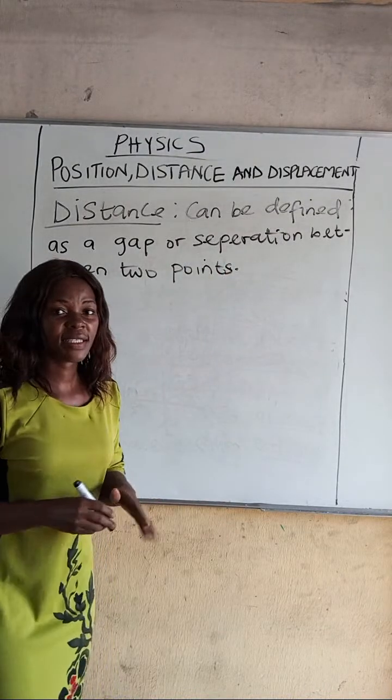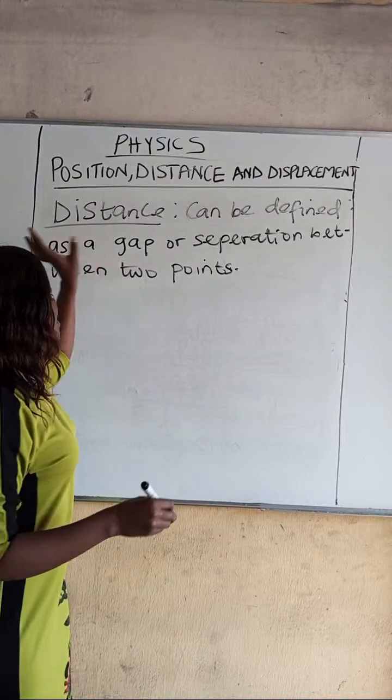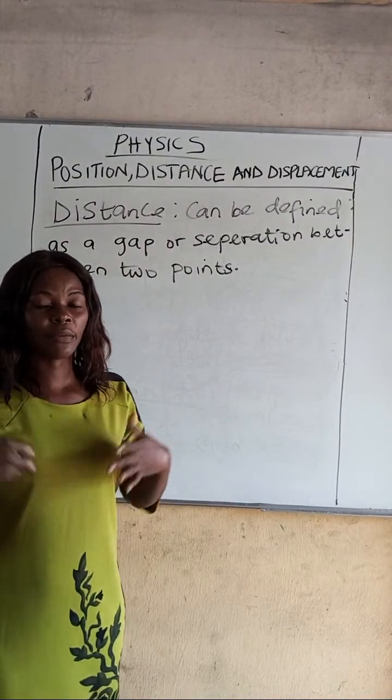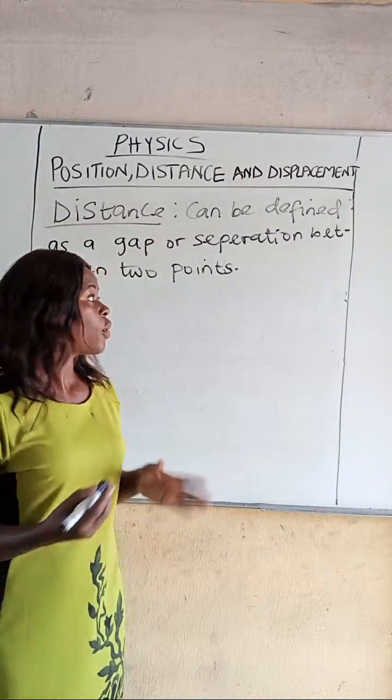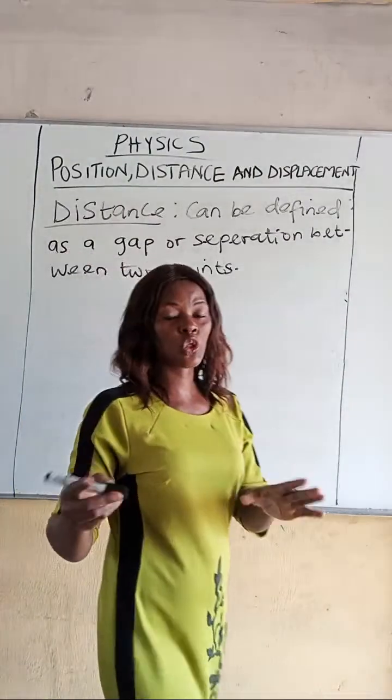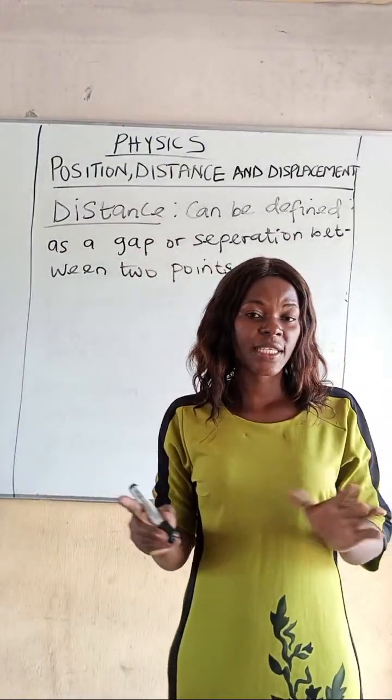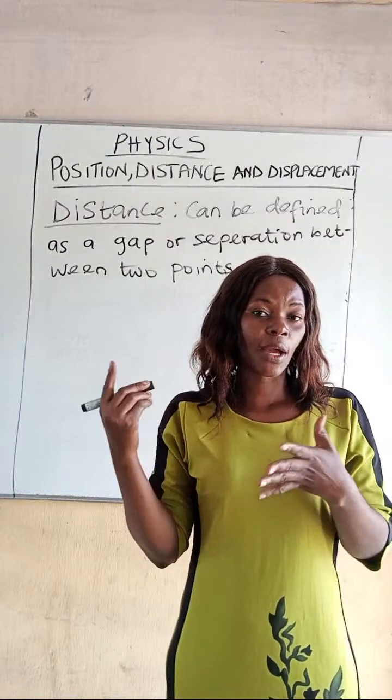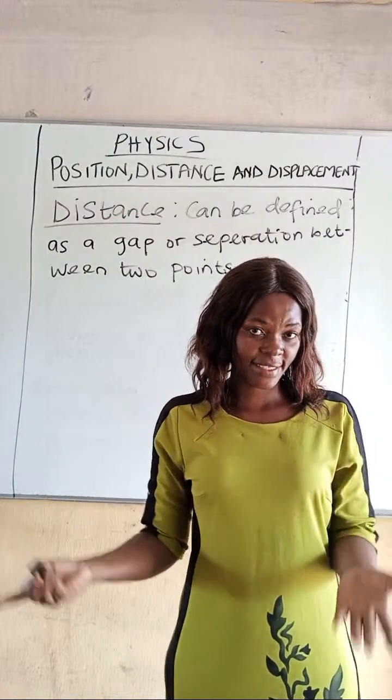Distance can be defined as the gap or separation between 2 points, and a point must have x and y, or x, y, and z axes.